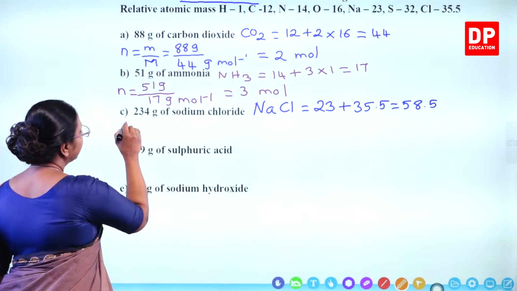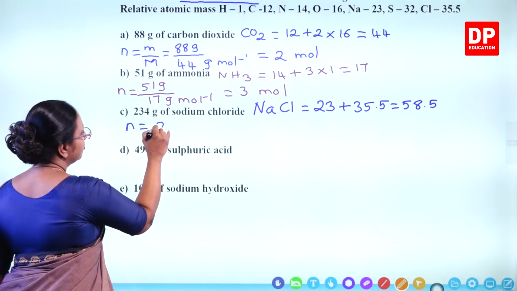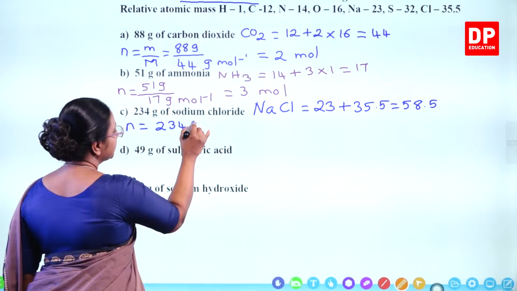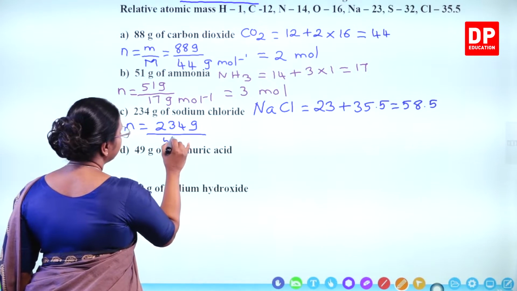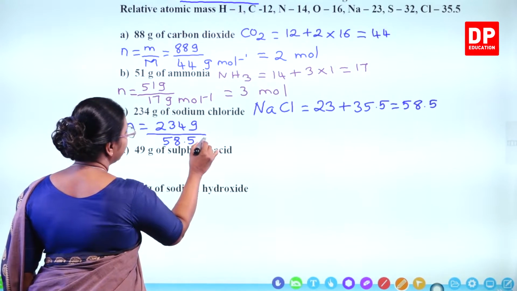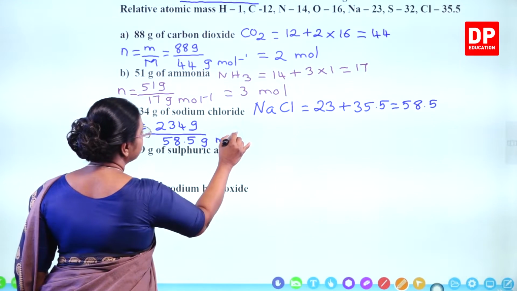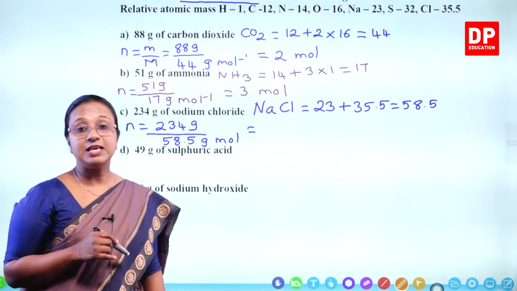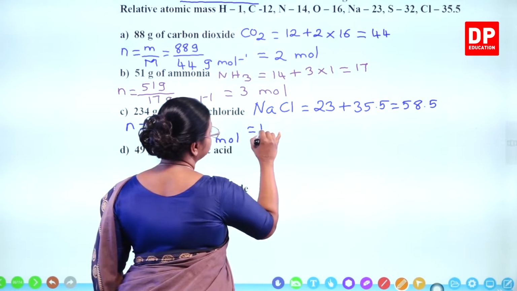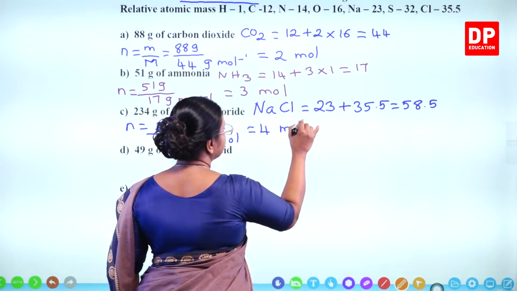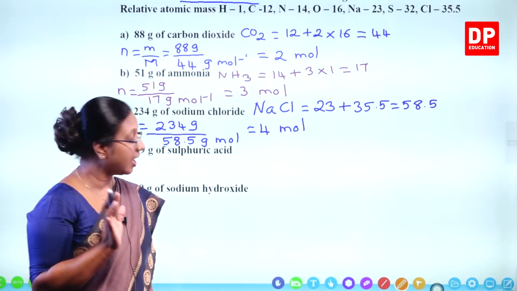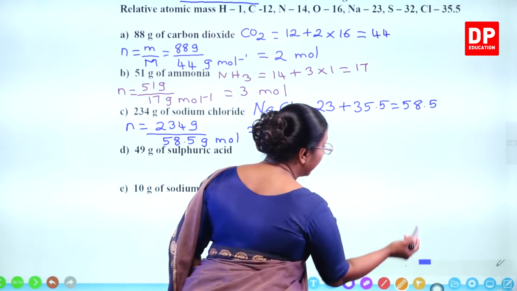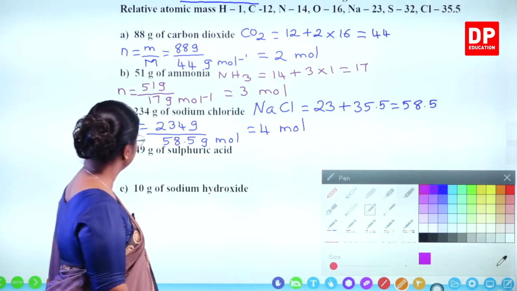We need to calculate the number of moles. 234 grams divided by 58.5 grams per mole. So that is going to be, you can see, 4 moles. So now you are very thorough with the way to calculate the number of moles.